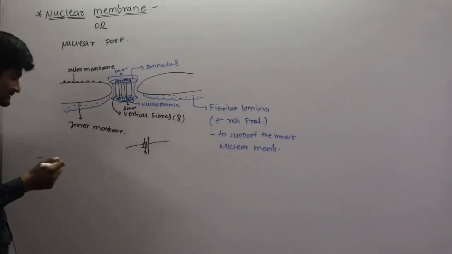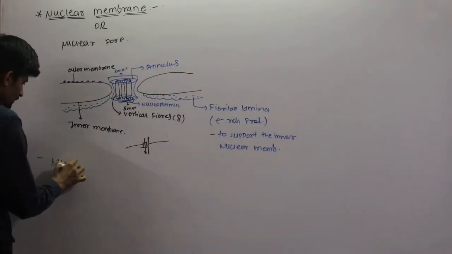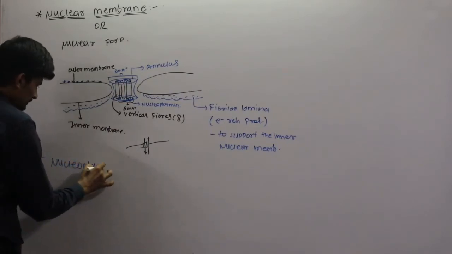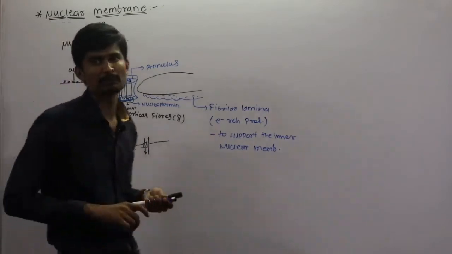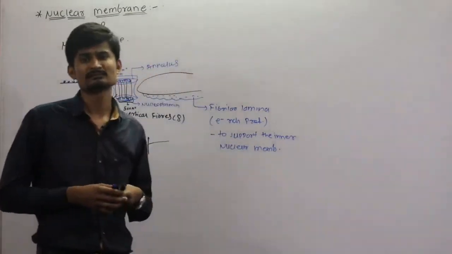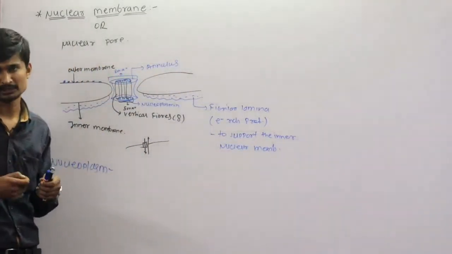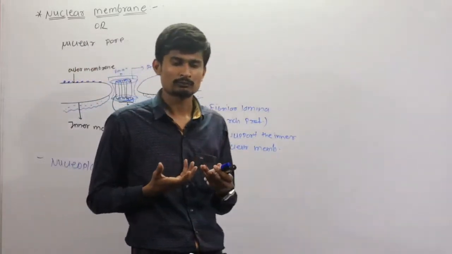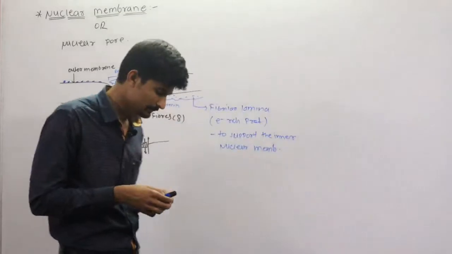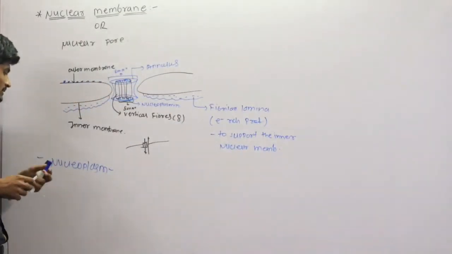related with the nucleus is the nucleoplasm. We have seen the nucleoplasm contains rRNA, mRNA, tRNA, and various enzymes which are required for DNA replication. And also ions which are required for the activation of these enzymes.